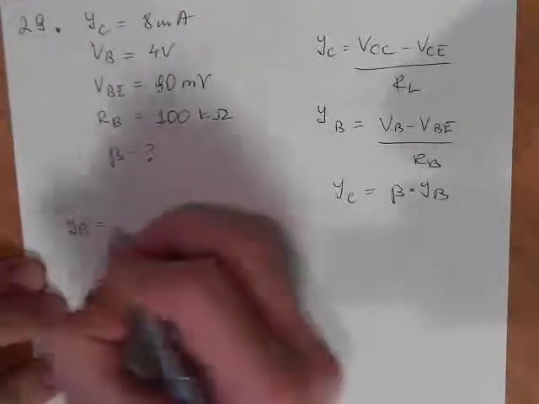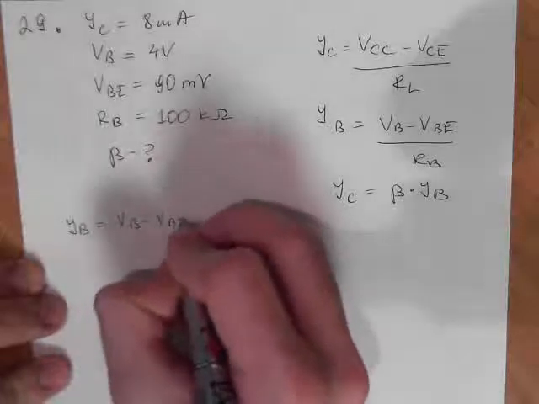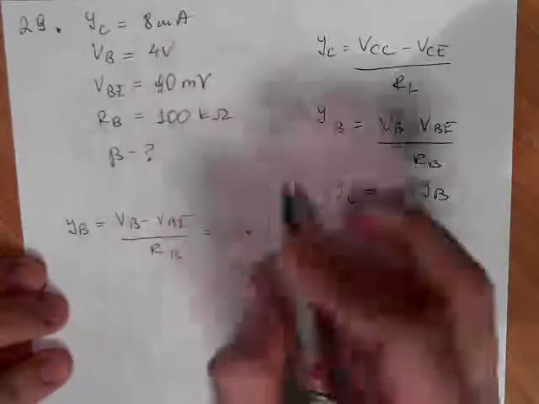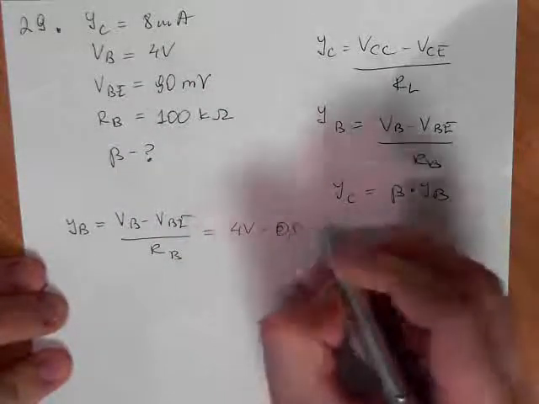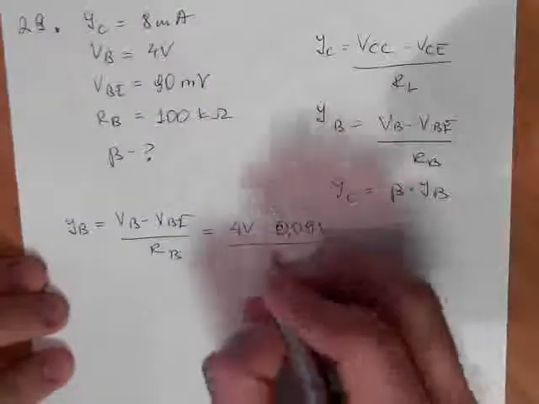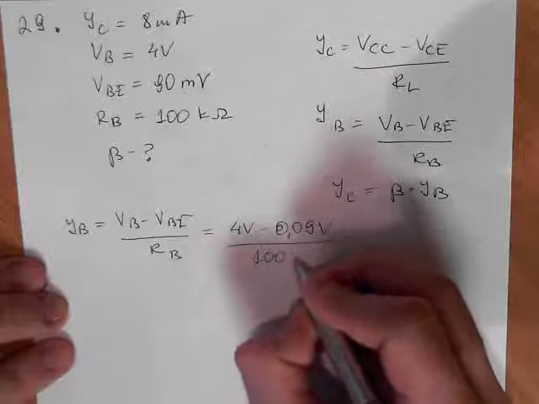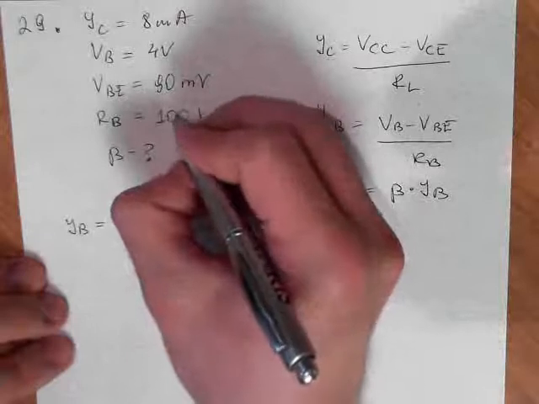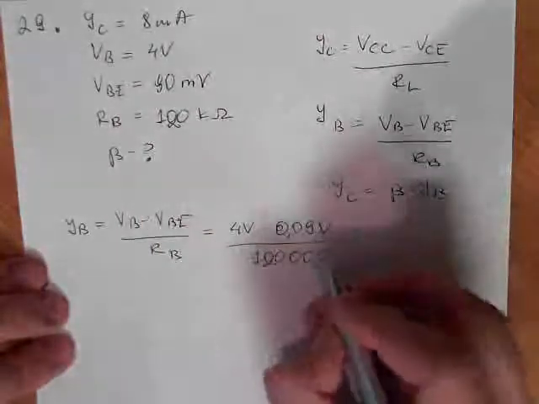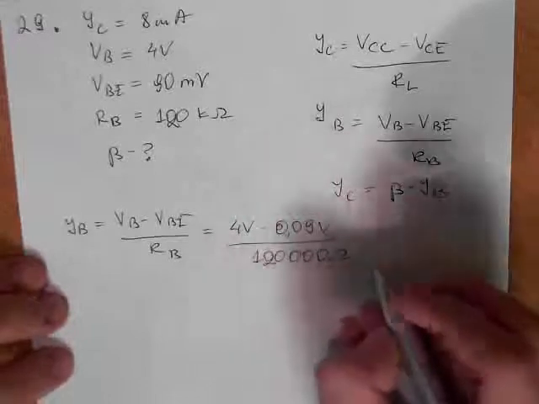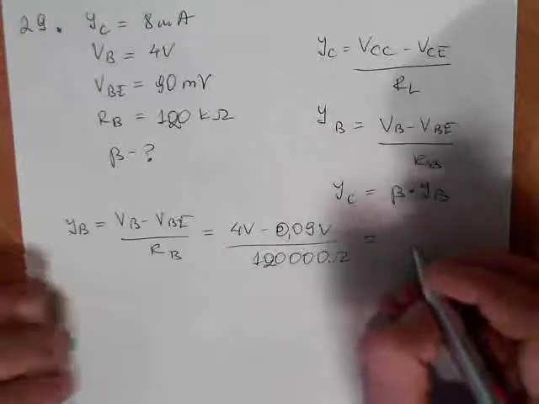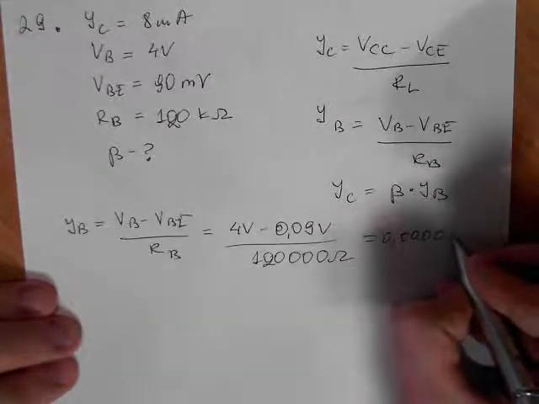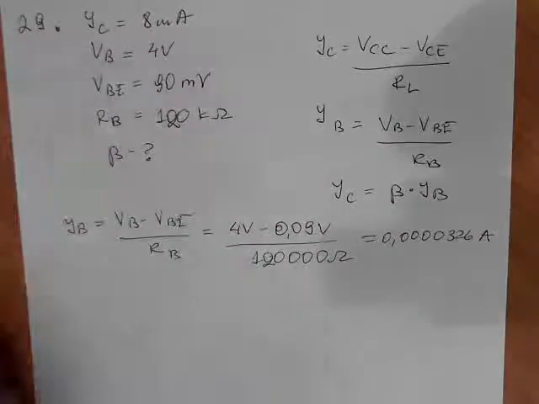IB is VB minus VBE divided by RB, it is 4 volts minus 0.09 volts divided by, sorry, this should be 120,000 ohms, and this is equal to 0.0000326 amps.